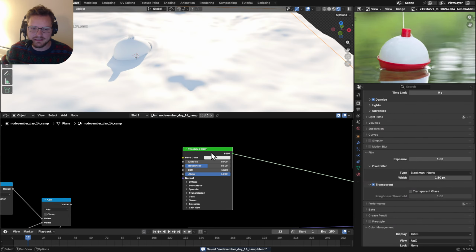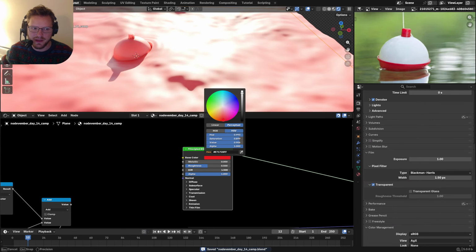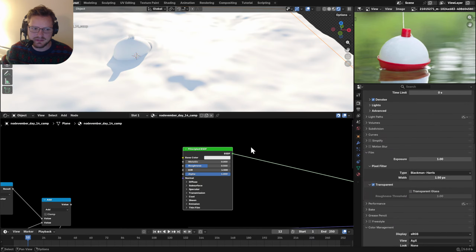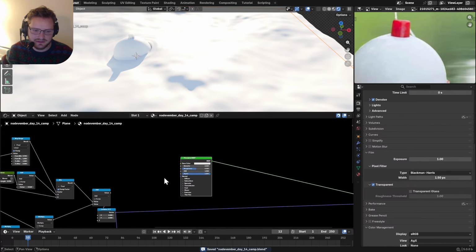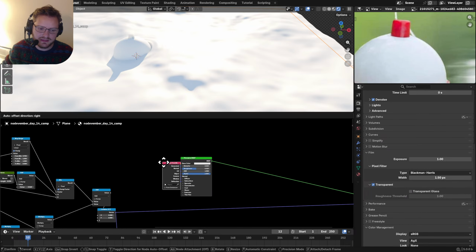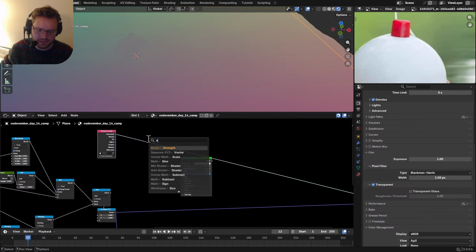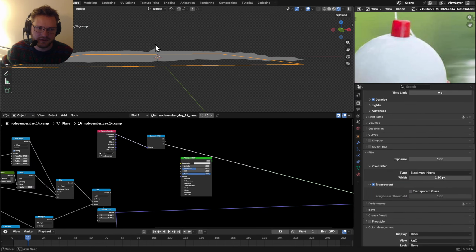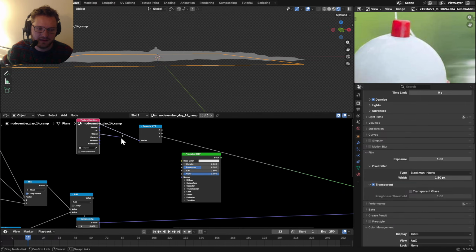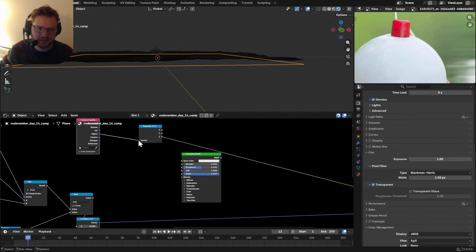So let's say I have red and white, right? So let's say we start off with white. I want to isolate this little hat. When I look at the coordinate system, and specifically I look at the z coordinate, you can see it's looking hella whack. And this is because of the displacement stuff.